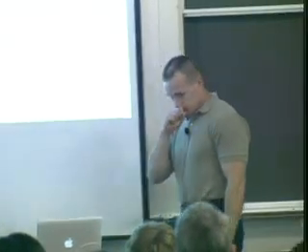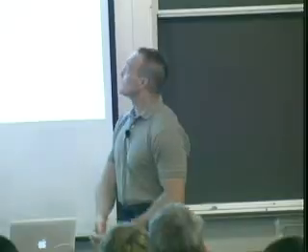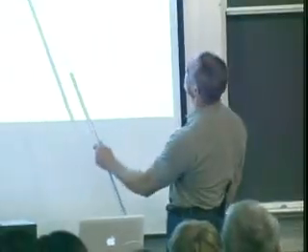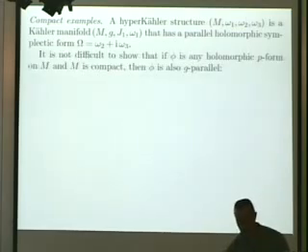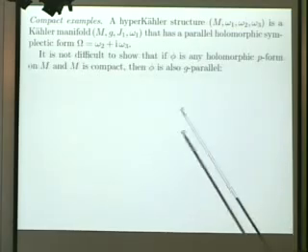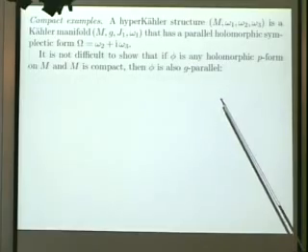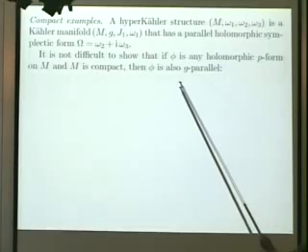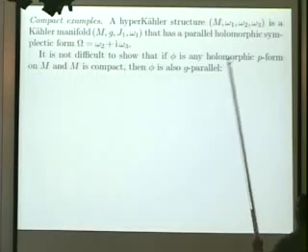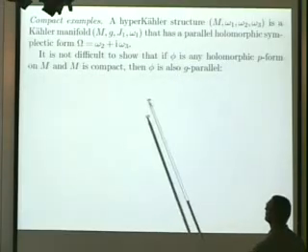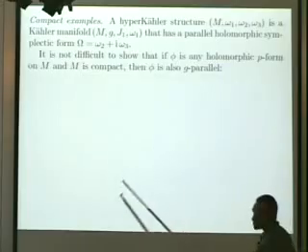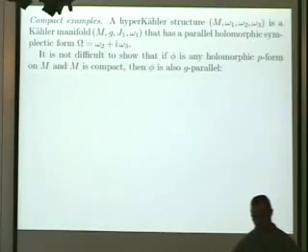If you take a hyperkähler structure, a hyperkähler structure is a Kähler manifold that has a parallel holomorphic symplectic form. That's what we've been talking about. And it's not too difficult to show that, in fact, if you have any holomorphic p form phi on M, and M is compact, then phi has to also be g parallel.